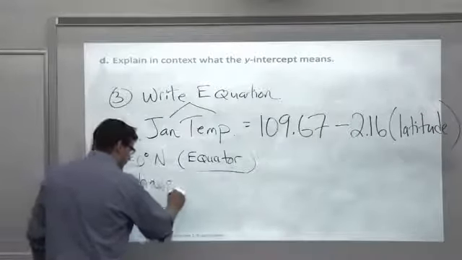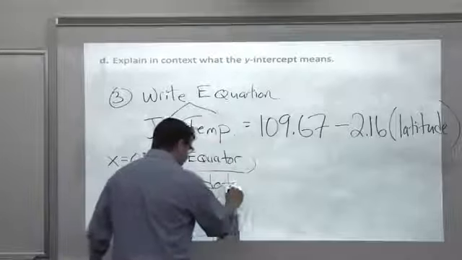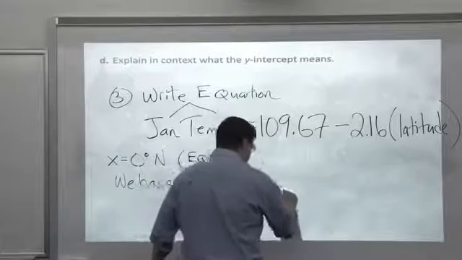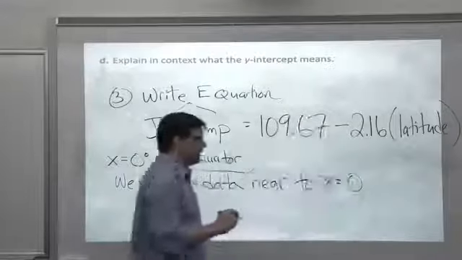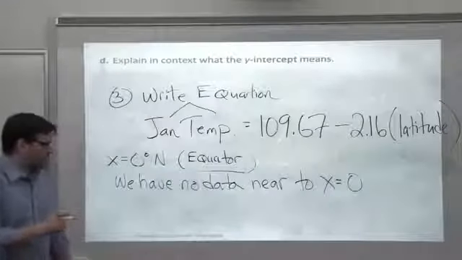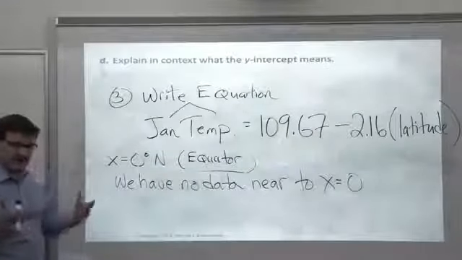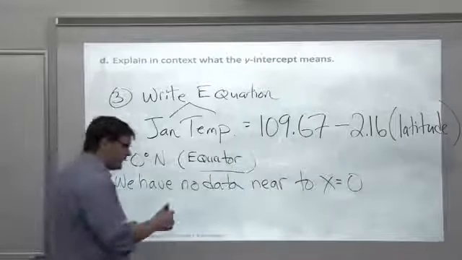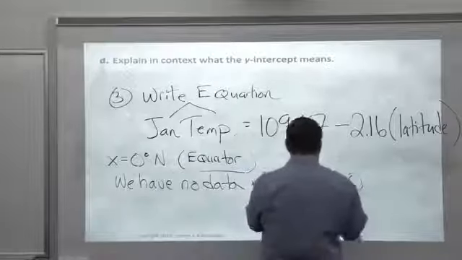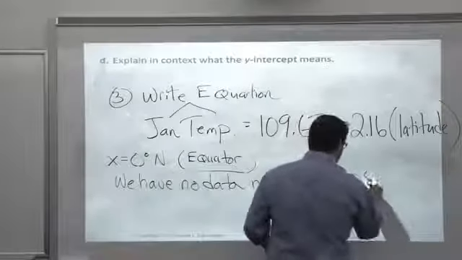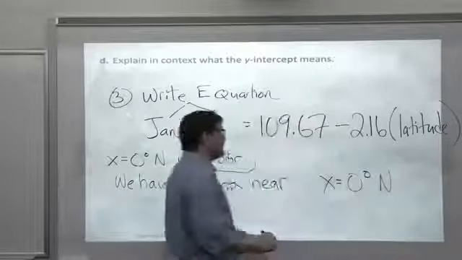We have no data anywhere close to x equals 0. I believe the lower portions of Florida are at a latitude of maybe about 20 degrees north. So we have no data near x equals 0 degrees north.